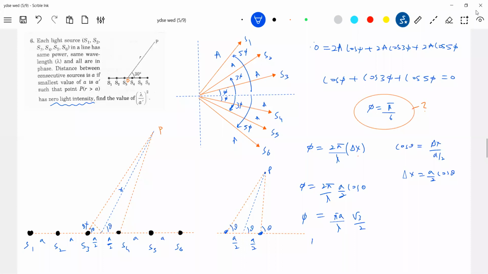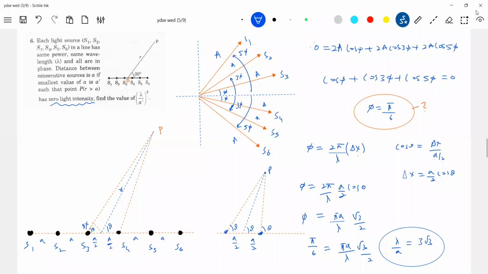Substituting this, the phase angle is how much? Pi by 6 equals pi a by lambda root 3 by 2, so lambda by a is 3 root 3. No. So here, see, we are not comparing between the two rays.